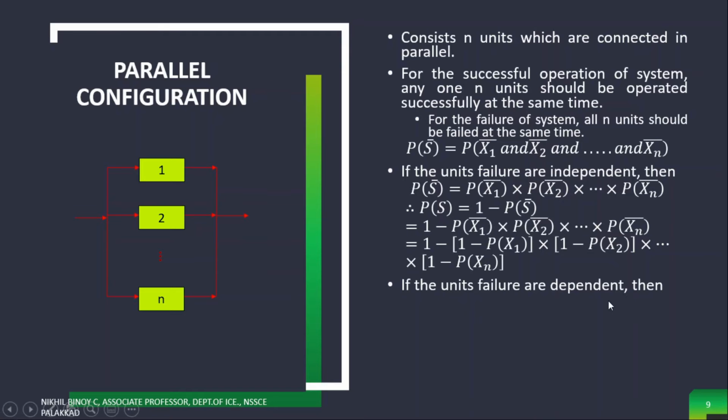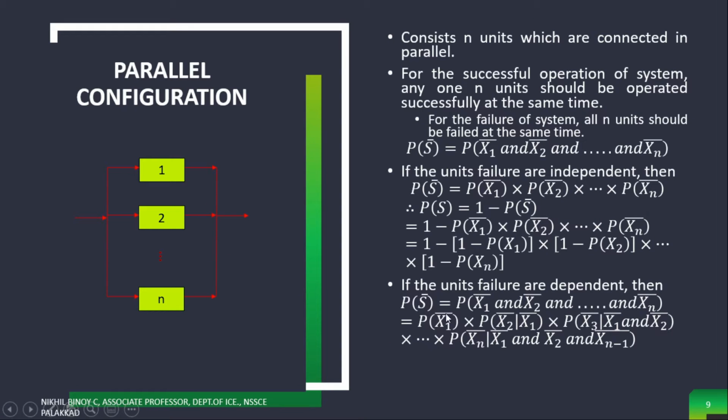First we can find the probability of failure of the system, that is P of S bar, equal to P of x1 bar into P of x2 bar given x1 bar into P of x3 bar given x1 bar and x2 bar into and so on, into P of xn bar given x1 bar and x2 bar and so on, and xn minus 1 bar. We can explain this equation after you first note it down.